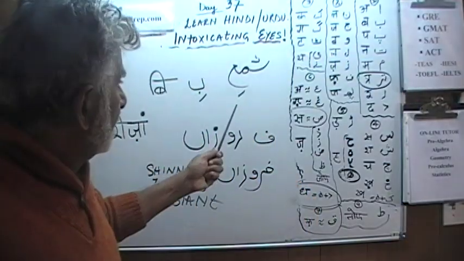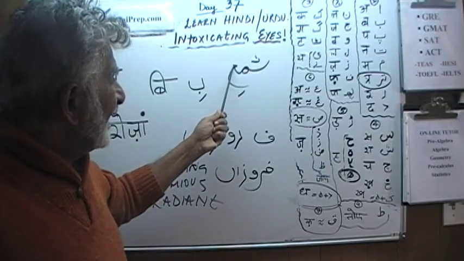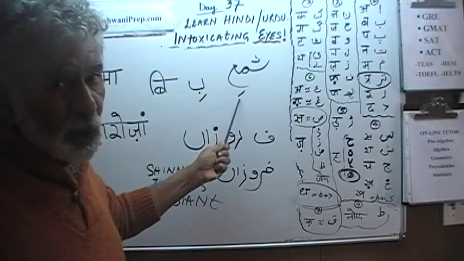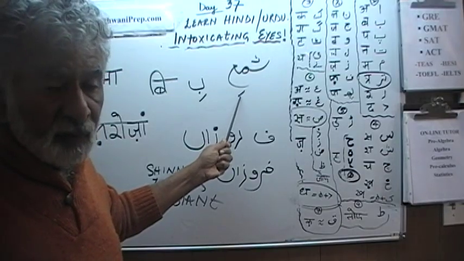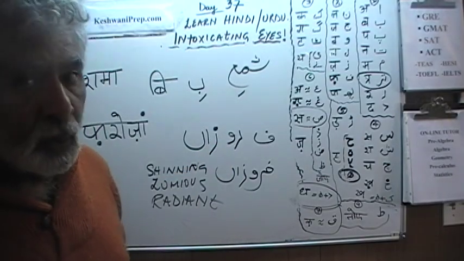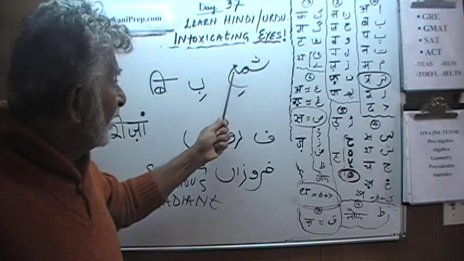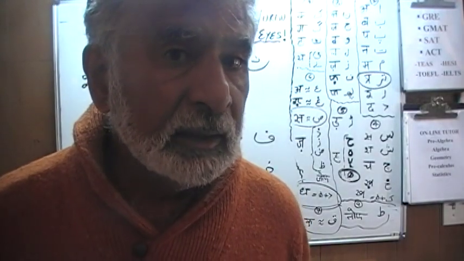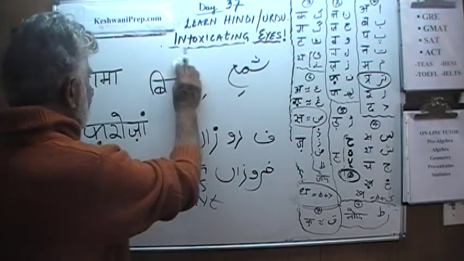And yet, we see it as the very last letter at the bottom of ain. That's because it is not a choti ye ki matra. It serves a different function in this context. This is not read shami, it's going to be read as shame, shame farozan.